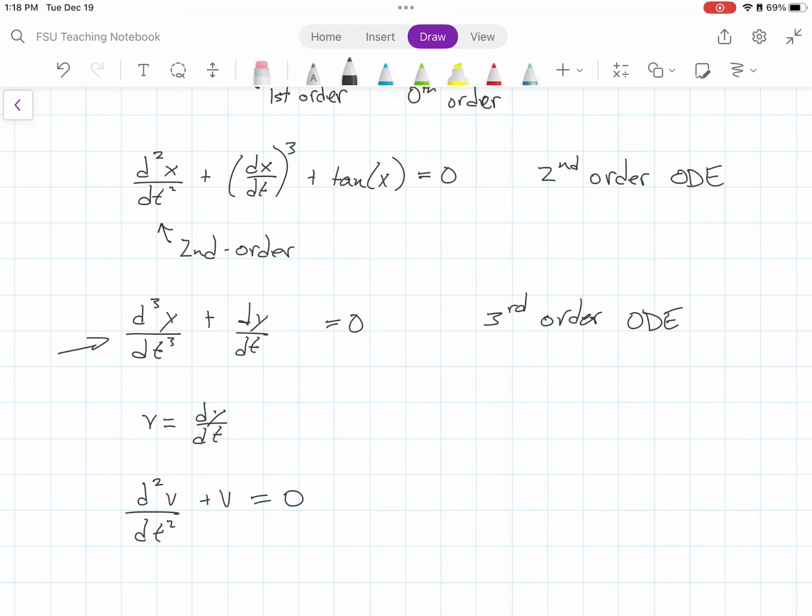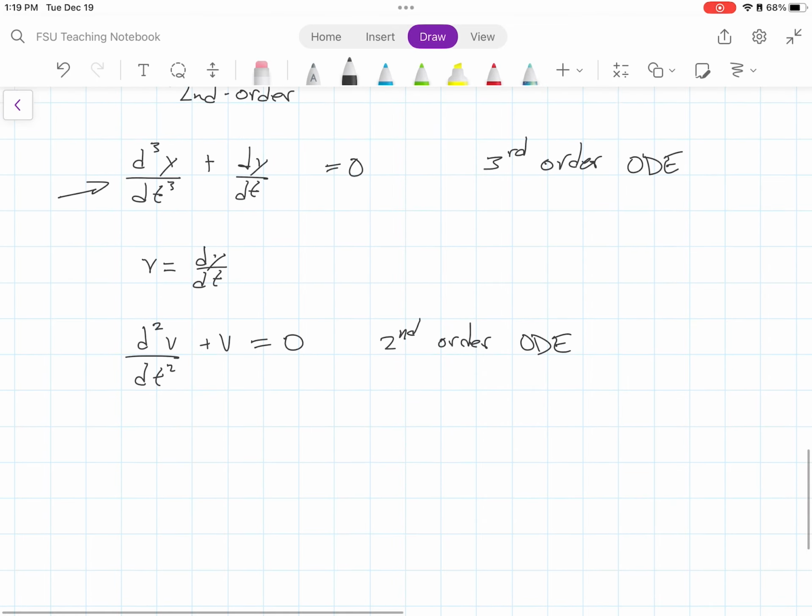That's the same equation, right? There's no new or changed information here, but this is a second order ODE. So the order is the highest order relative often to the lowest order. Usually, in most cases, you have a zeroth order and you don't need to make that substitution.